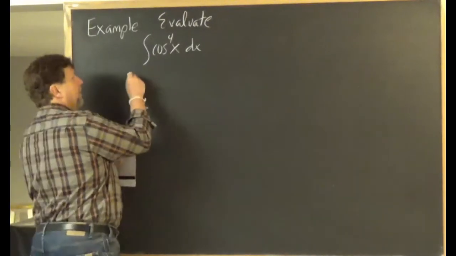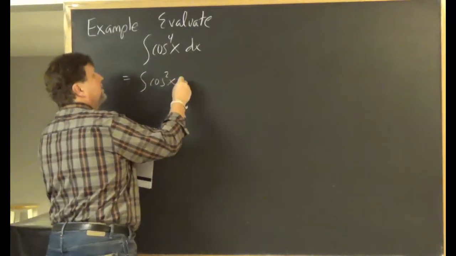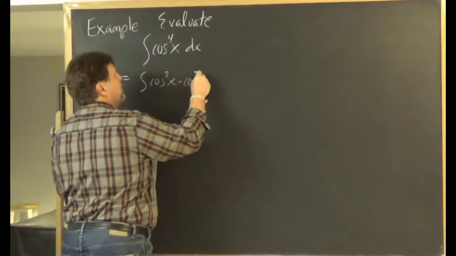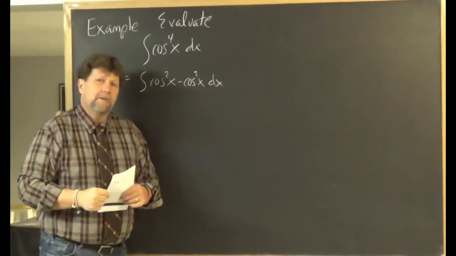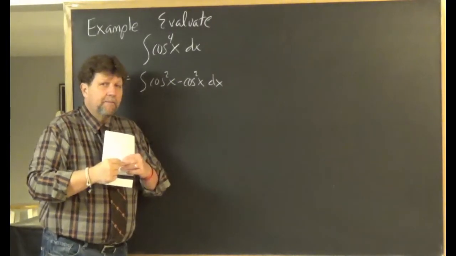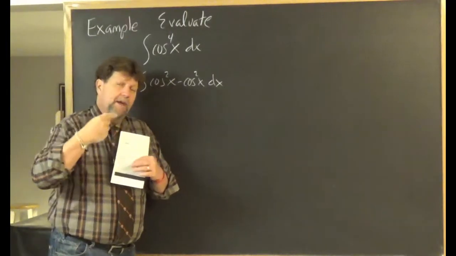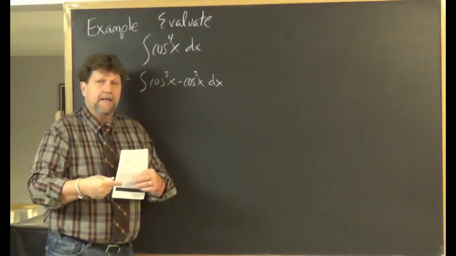First, I would rewrite this as cosine squared x times cosine squared x. Cosine to the 4th is cosine squared times cosine squared. When I have just that even exponent, I'm thinking ahead that I'm going to have to get to a point where I can make use of the power reducing identities.